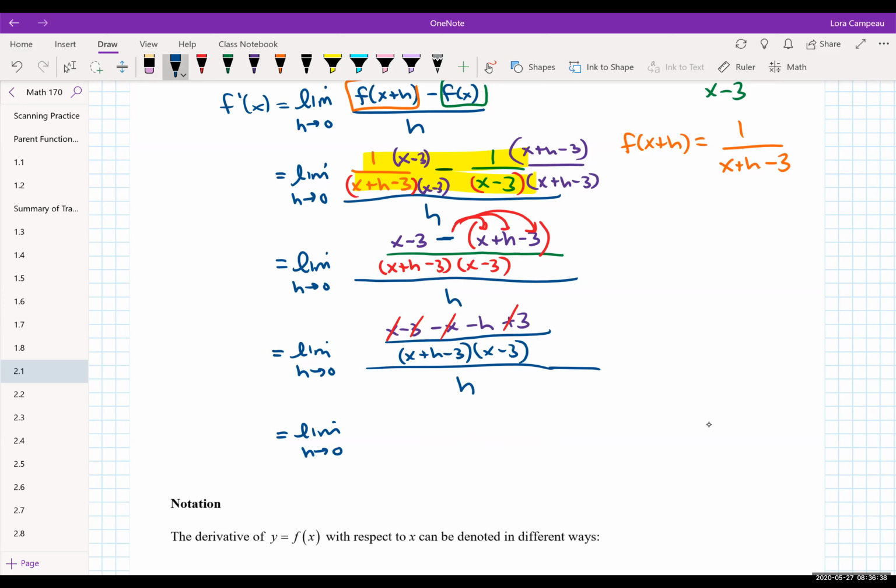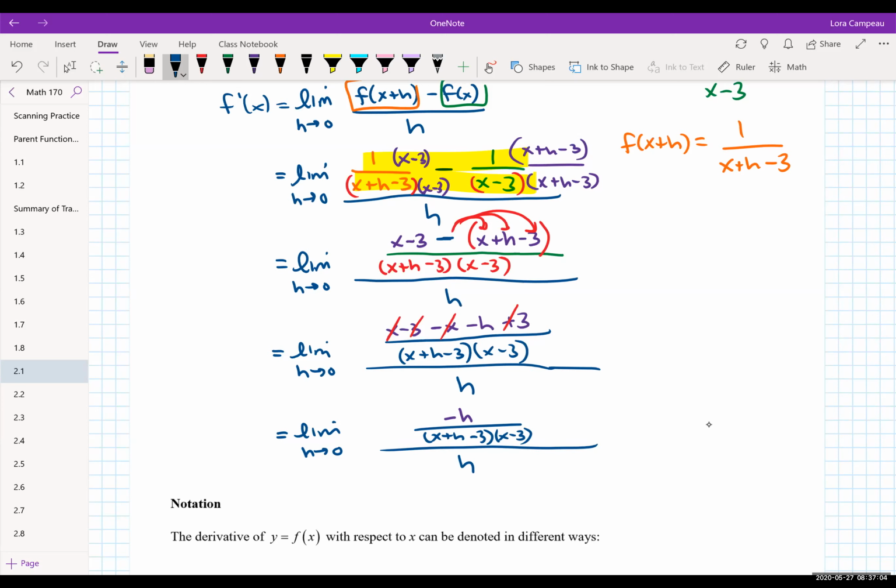Let me see if I can write this a little straighter. I now have a denominator x plus h minus 3, x minus 3. And then the numerator of that fraction was negative h. And the denominator is h of our entire complex fraction.